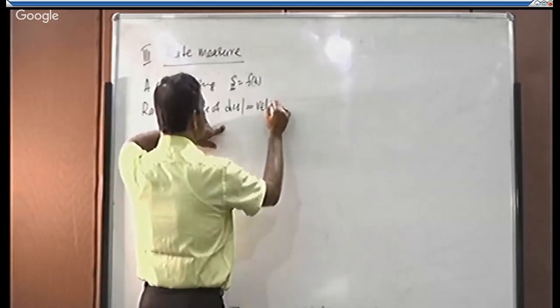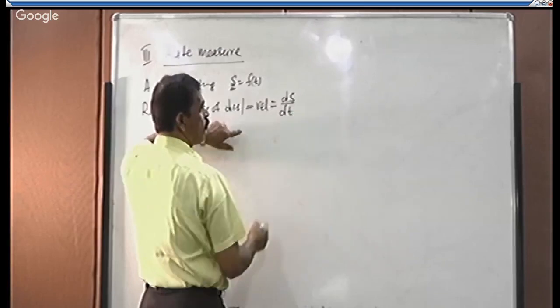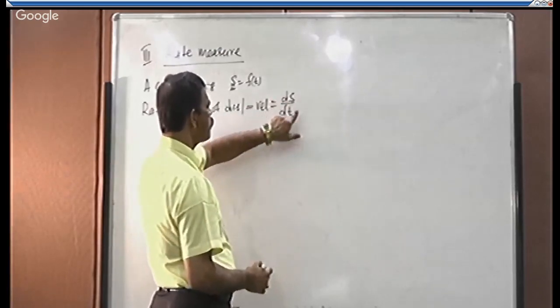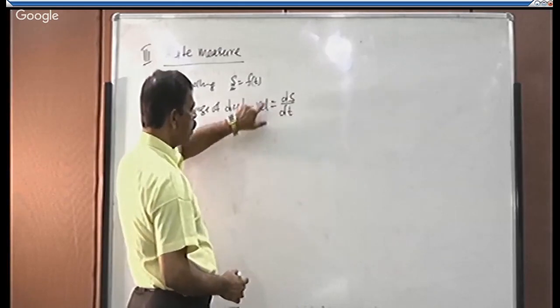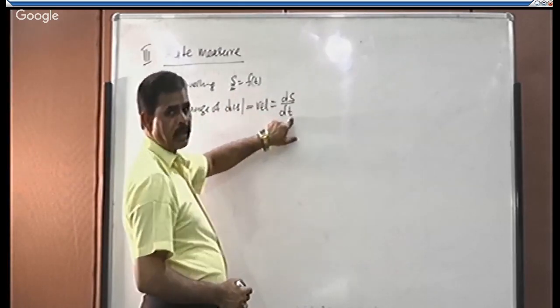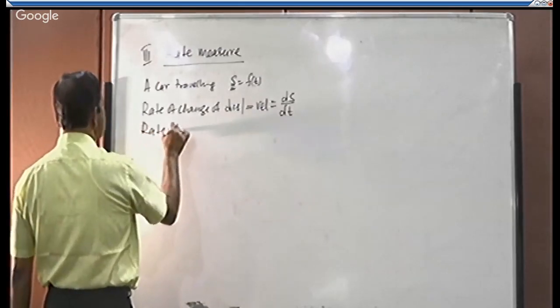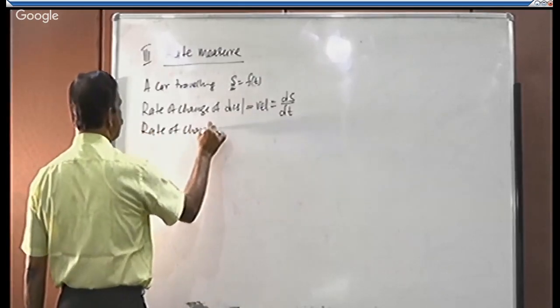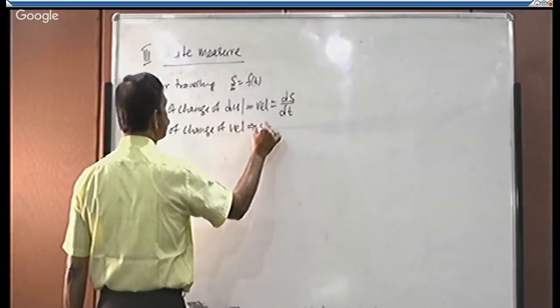Then velocity is equal to ds divided by dt, the variation of distance with respect to time. This gives you the velocity of a body at any instant of time t. At the same time, the rate of change of velocity gives you acceleration.